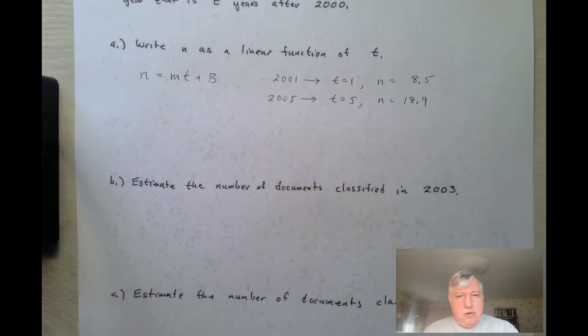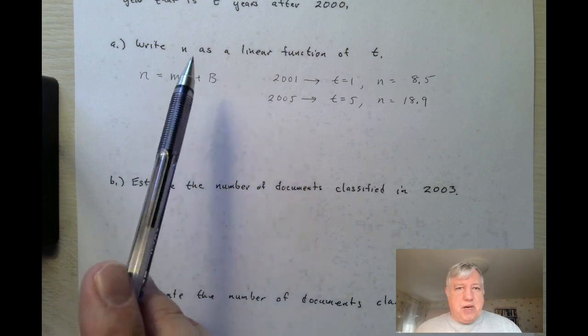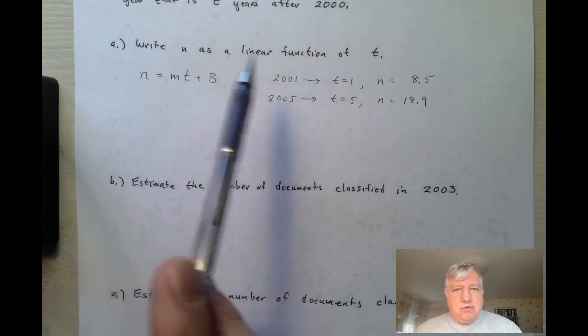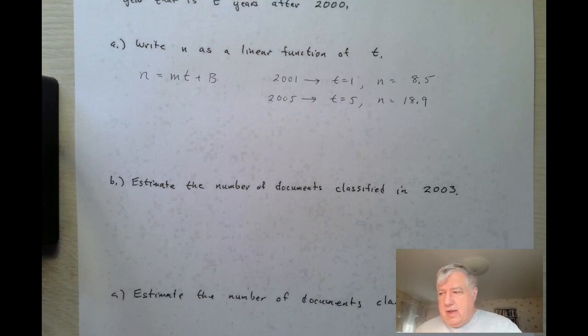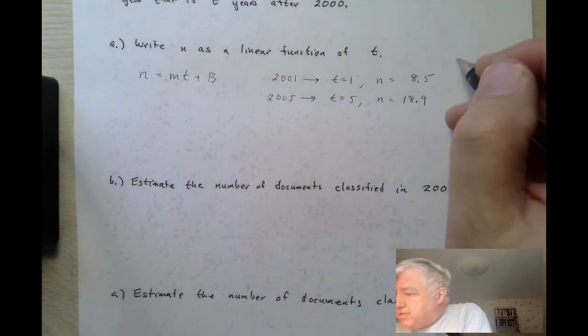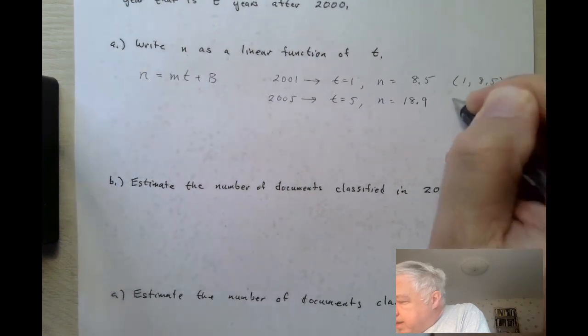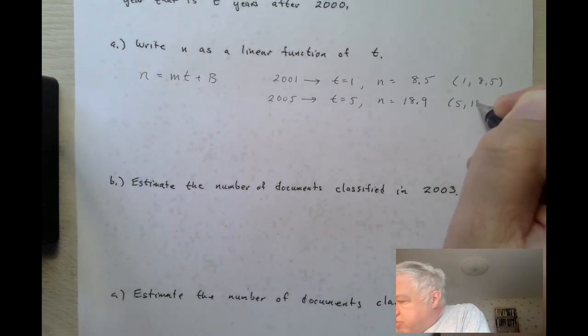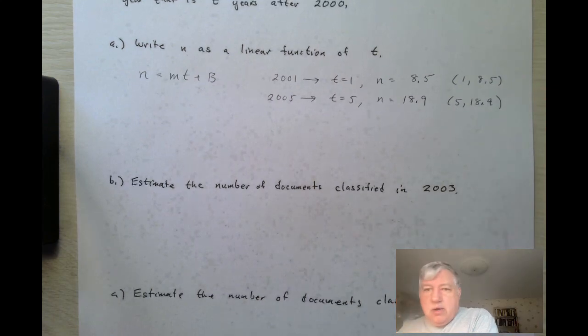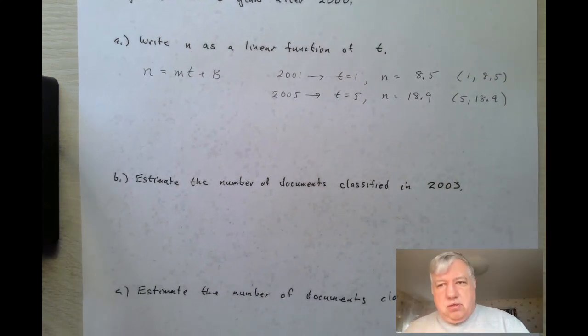All right, so we have these 2 points. We want to model n's relationship with t as a line, and this corresponds to 2 points on the line: (1, 8.5) and (5, 18.9). So these 2 points are going to be on the line.